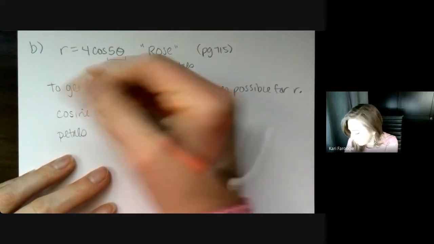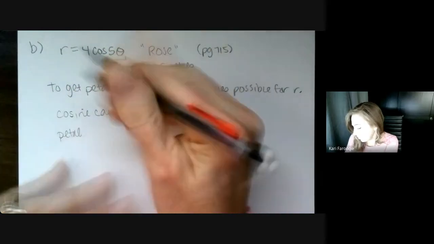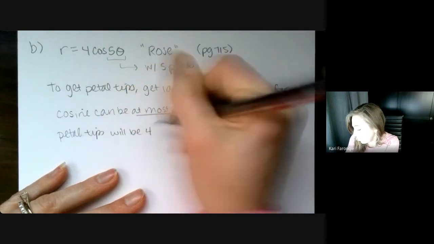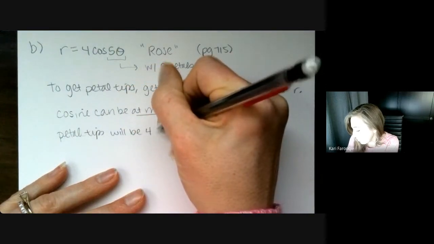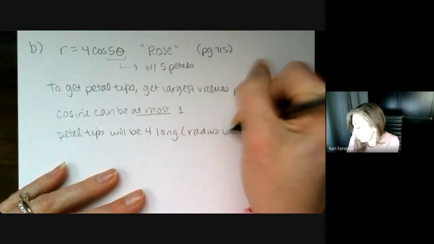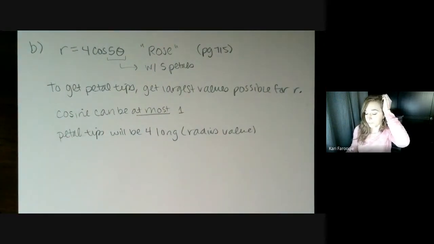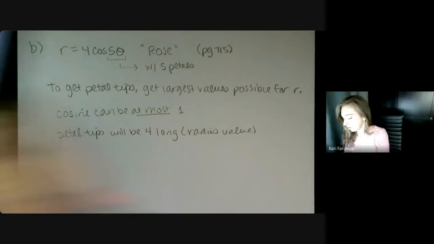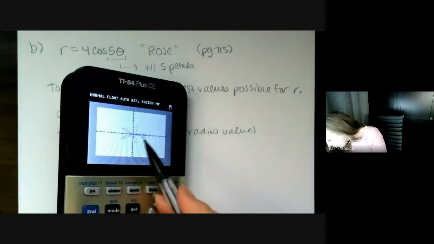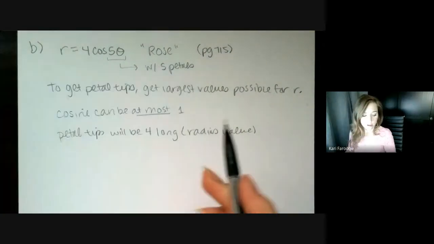So the petals, maybe I should say the petal tips, will be 4 long. That's for the radius value. So I know it's going to go out to 4. And you can also see that on the graph that we have here. You can actually see this petal tip goes out to 1, 2, 3, 4, which makes sense.